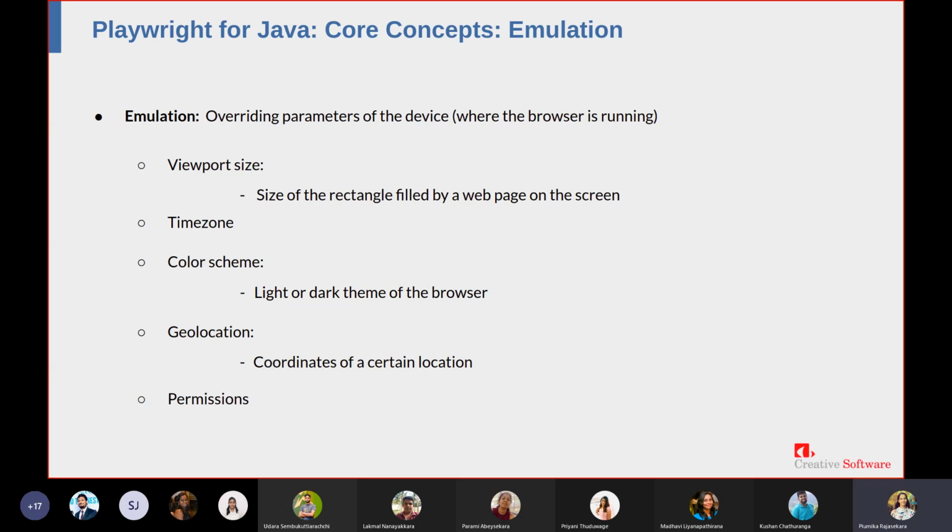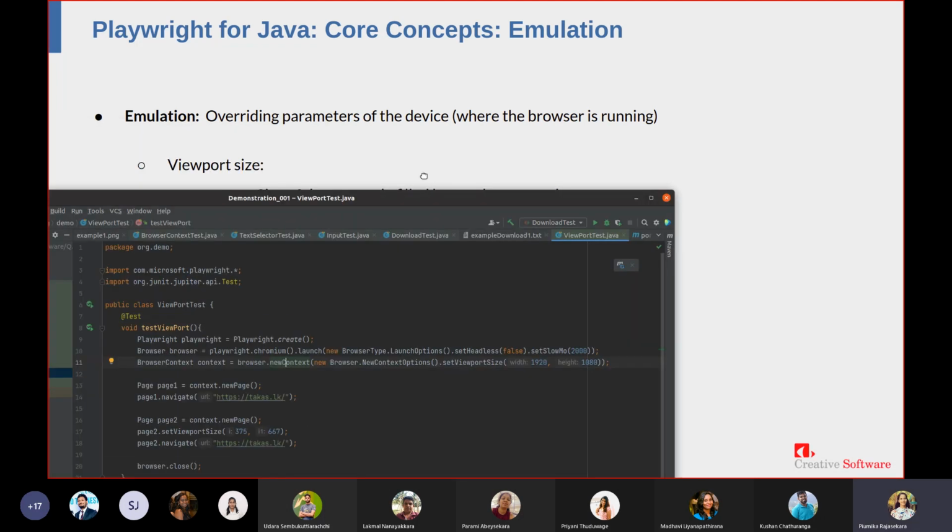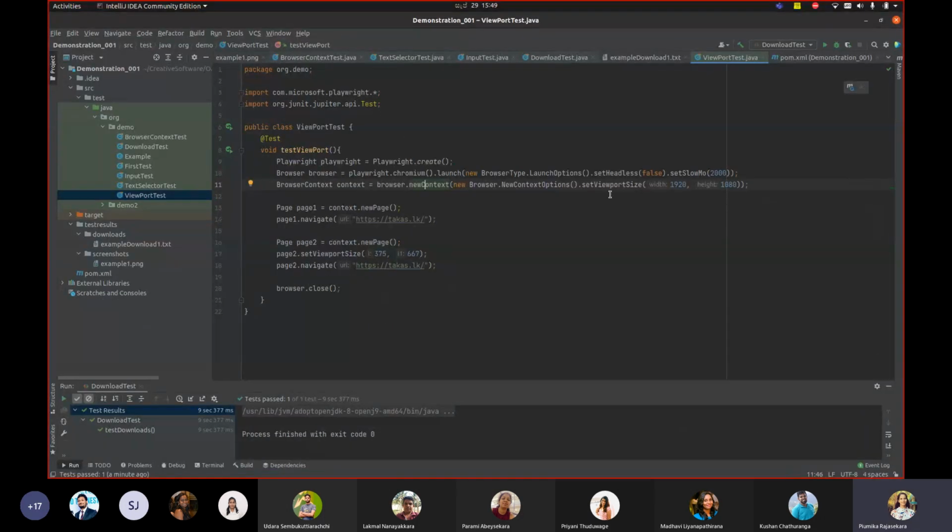I have written a test for viewport testing. This is a normal navigation test, you already know. To set the viewport size, I have created a browser context, and as browser context options, I have given the command setViewportSize and given a width and height for the website.